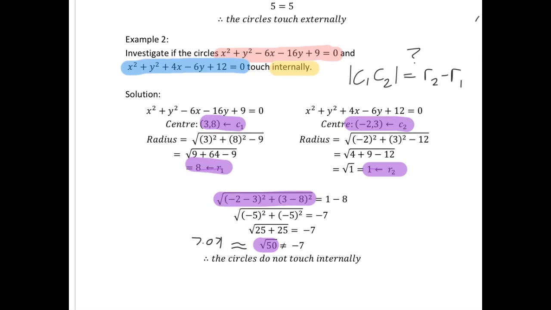And when we work out the difference, R2 minus R1 in this case, we get 1 minus 8, which is equal to minus 7. And the square root of 50 does not equal minus 7. So we end up having that these circles do not touch internally.